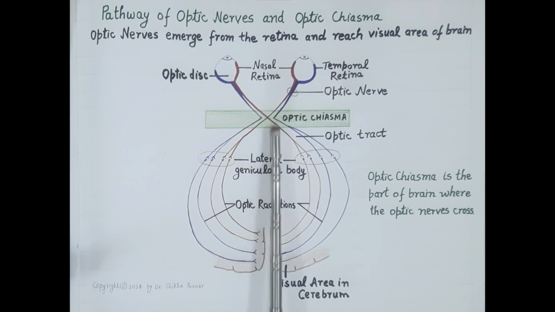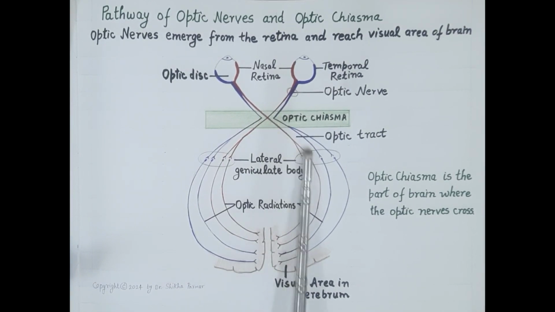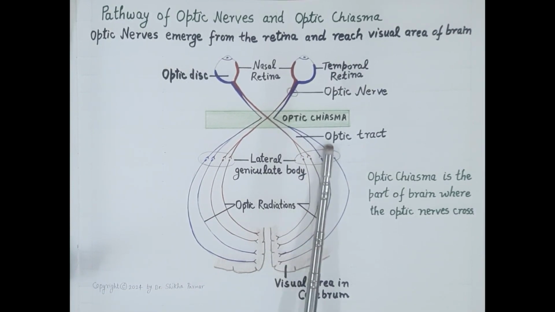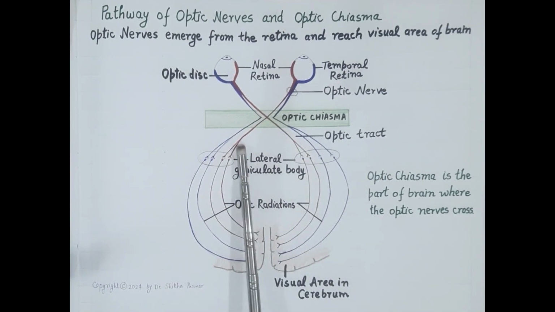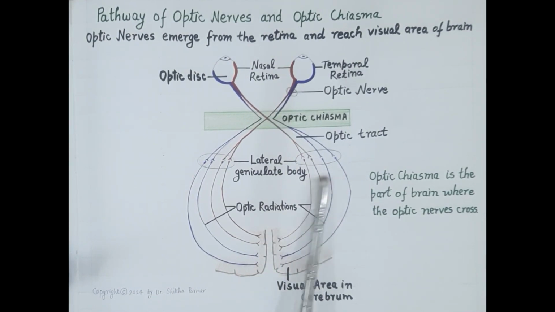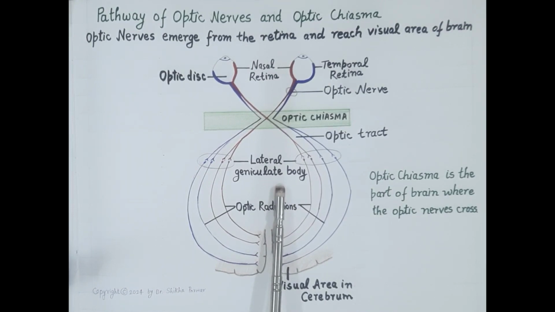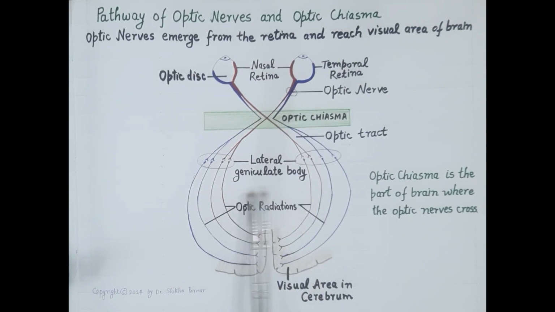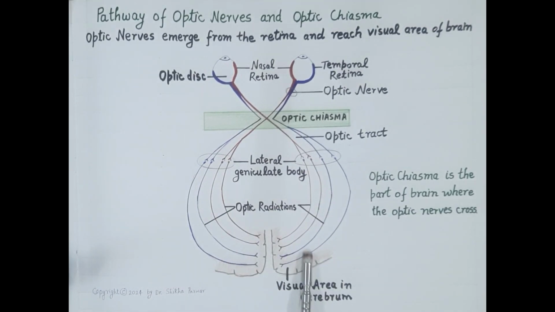This is the optic chiasm, and this pathway of the optic nerves posterior to the optic chiasma towards the brain is known as the optic tract. So, these are the optic tracts. This optic tract then synapses with the nerve bodies of the lateral geniculate bodies of the thalamus, and this is how the information from both the eyes moves towards the brain.